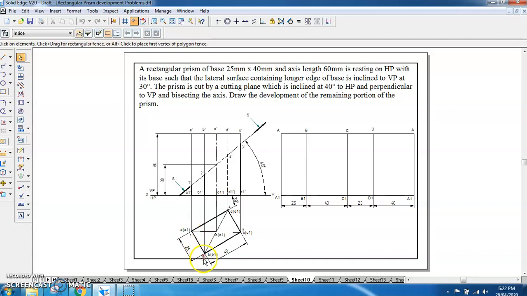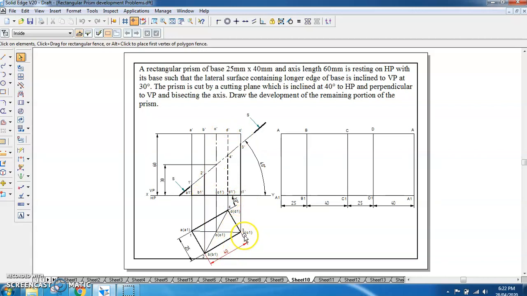Then AB is here, which is not cut. A1 B1 is there, which is not cut. Next is BB1. BB1 is cut here. We name that point as 2 dash, and we project it back at BB1, and we will get it here. Then B1C is here, which is not cut, and B1 to C1 is here, which is not cut.